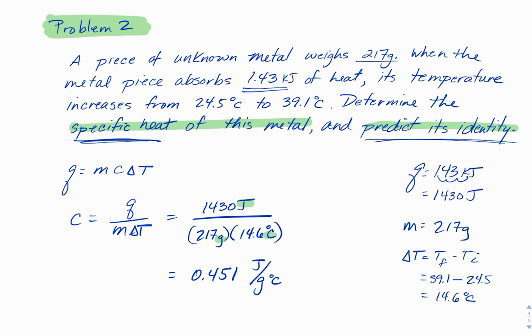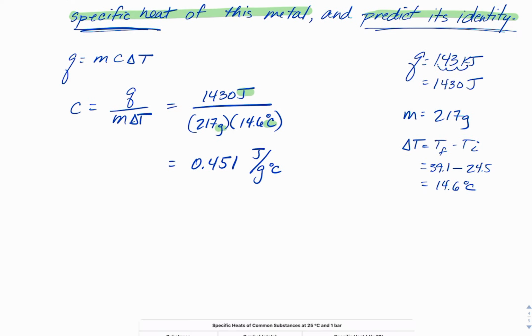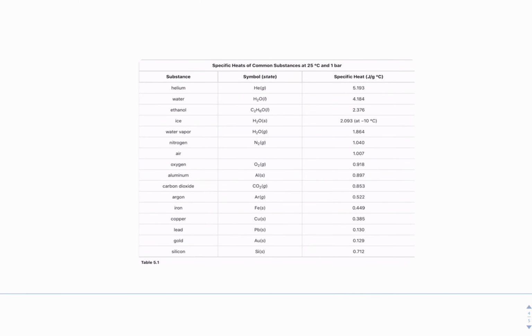And so you can look up the specific heat capacities of known substances in a table, or if you're willing to Google, you're welcome to do that. There is a table in your textbook, table 5.1. And it turns out that there's just a small subset of specific heat capacities that you can use to figure out what that is.